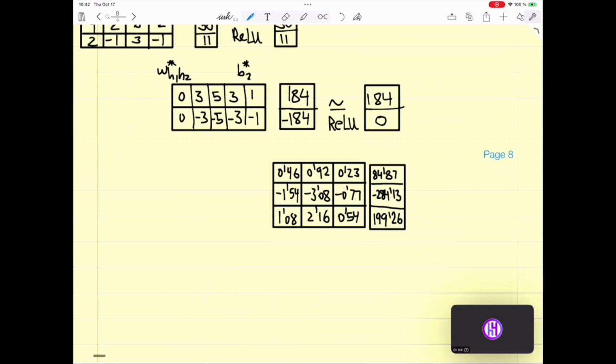Okay, so we do the softmax on our vector: 84.87, minus 284.13, 199.26. How do we do that?